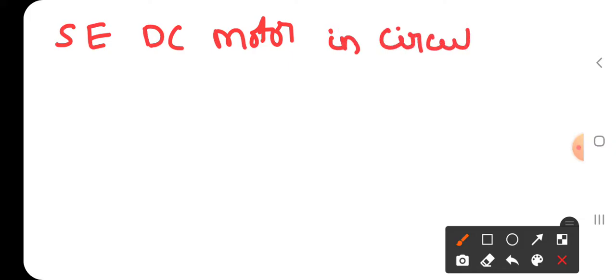You can apply the same principle and the same operation for the shunt motor also.